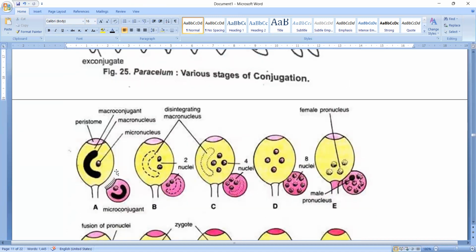This is the female Vorticella, which is stationary, and this is the male type, which is motile. It reaches the base of the female.